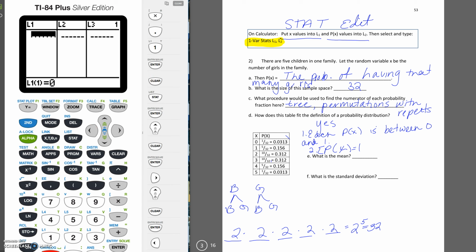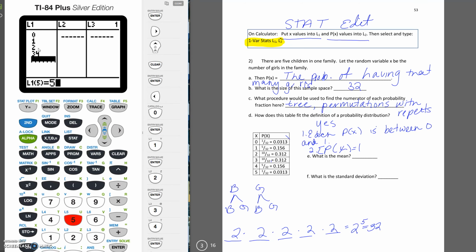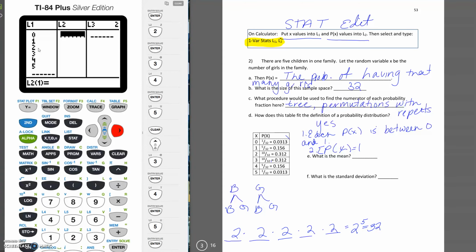So L1, we have 0, 1, 2, 3, 4, oops, I have 3 and 4 on the same row, 3, 4, 5. And then the p of x, you can either put the decimal or you can put the fraction, it doesn't matter. So I'm going to type in the fractions, it'll actually change it to the decimal for me.